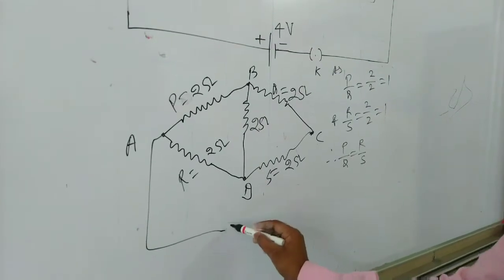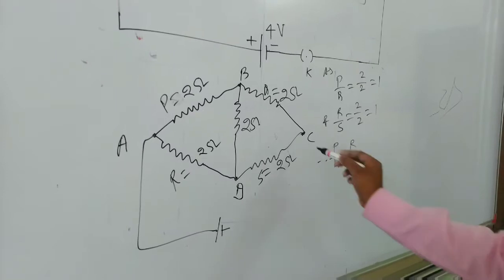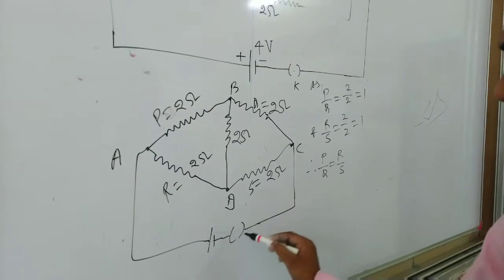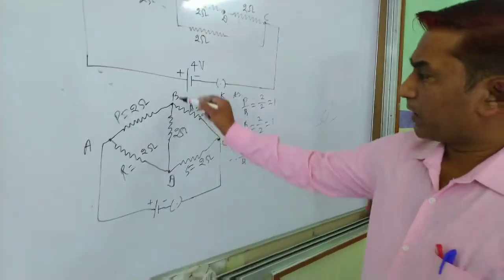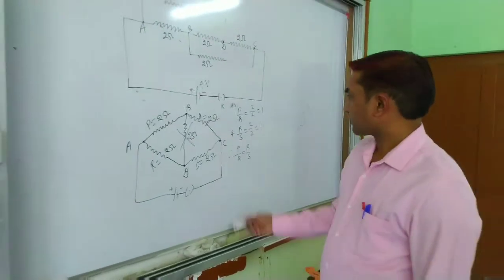If in our body there is no flow of blood in some part, then that particular part becomes damaged or does not work properly. That's why if there is no current in this arm, then this arm can be neglected.